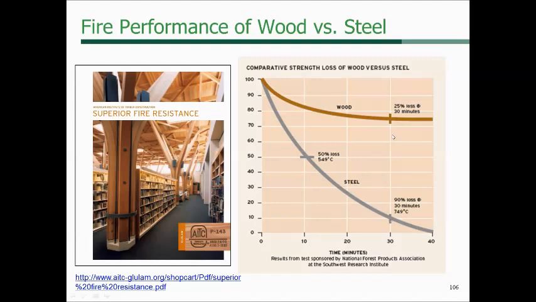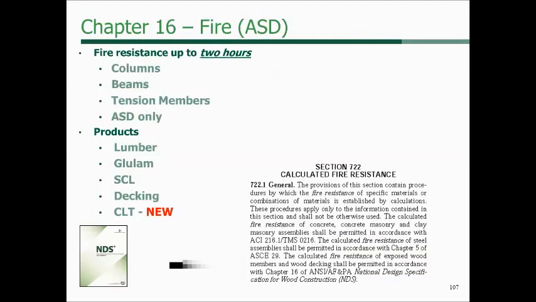So this is one reason why, to provide a background regarding this, we determine fire resistance of exposed wood members. Now, Section 722 of the IBC for calculated fire resistance does reference exactly the National Design Specification for Wood Construction, Chapter 16. And that's the chapter that we'll be talking about moving forward.